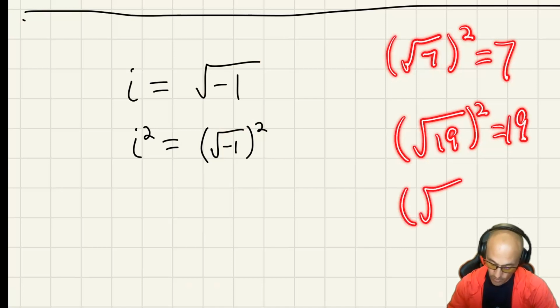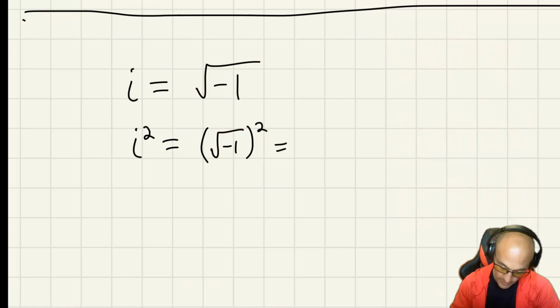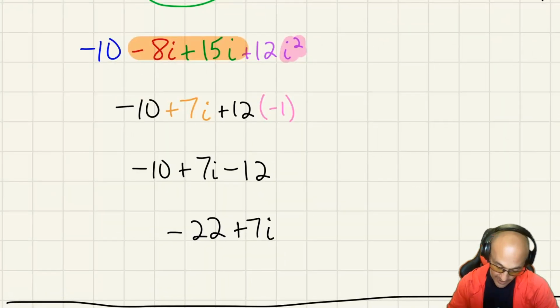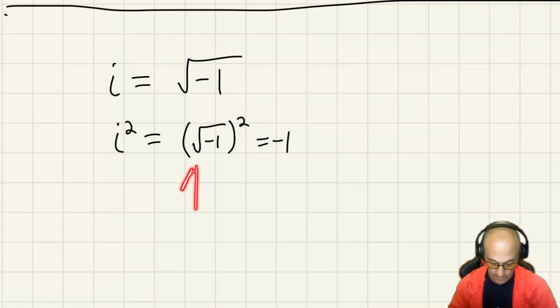If we have square root 108 squared, then the result is 108. So whatever is underneath the square root, when it's squared, is the result. So in this one, since we're squaring the square root, the result is just negative 1. That's a really big thing, that i squared is equal to negative 1. So up here, I said i squared was equal to negative 1, and this is the explanation for why. Is that okay?